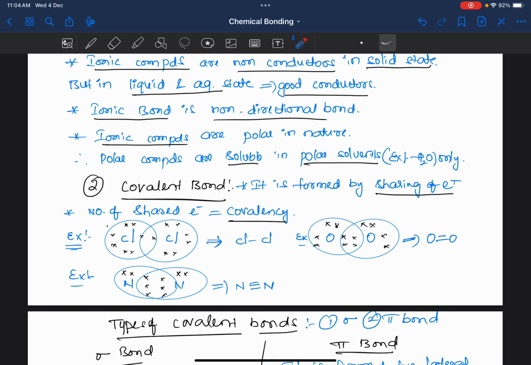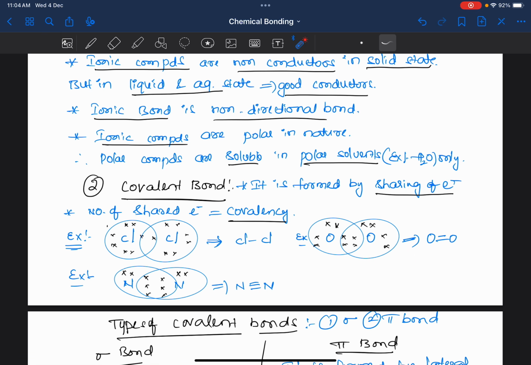And next, see about oxygen. Around oxygen generally 6 electrons are present, but 2 electrons are shared from one oxygen atom. Therefore the covalency of oxygen is equal to 2.